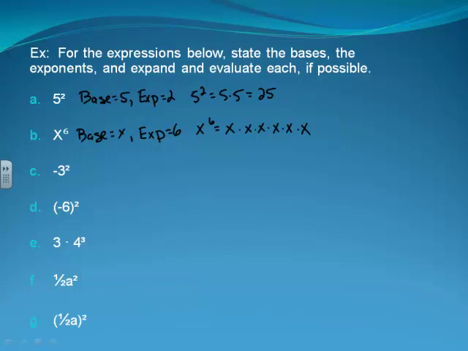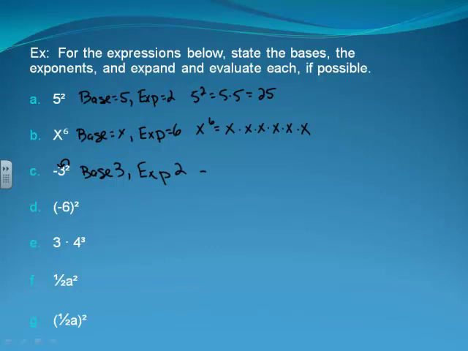Negative 3 squared. All right, remember that rule that the exponent only goes for what's directly to the left of it. So in this case, our base is a positive 3. It is not negative 3. If it was negative 3, you'd have to have parentheses around the negative and the 3. Our exponent is 2.